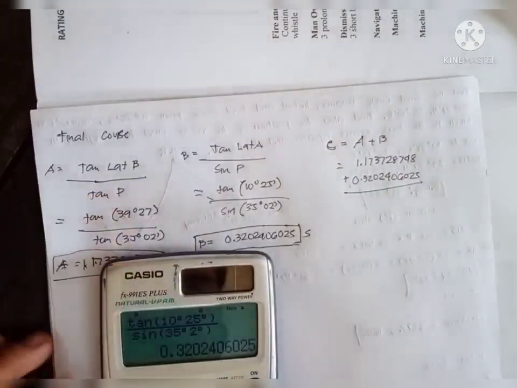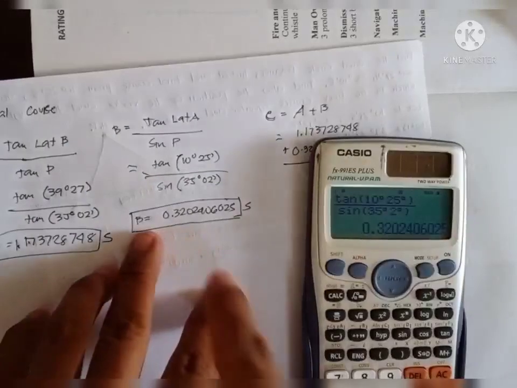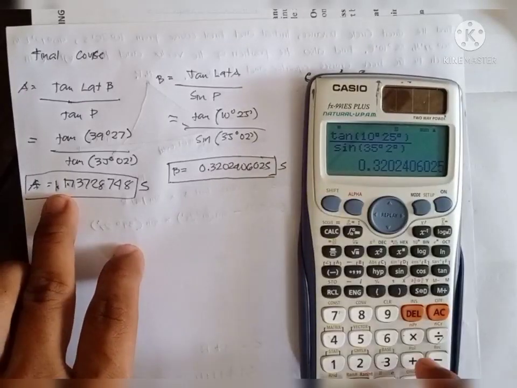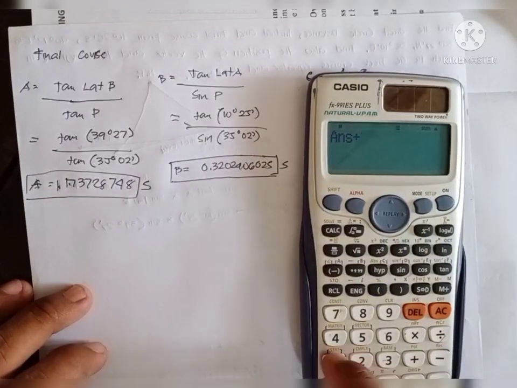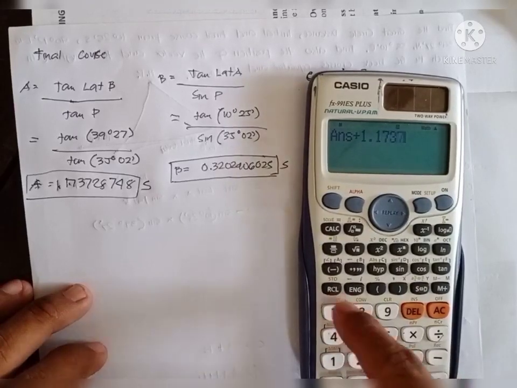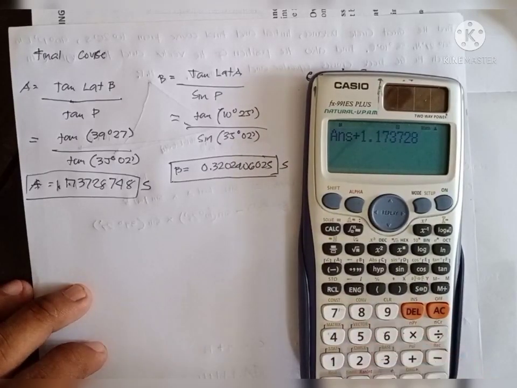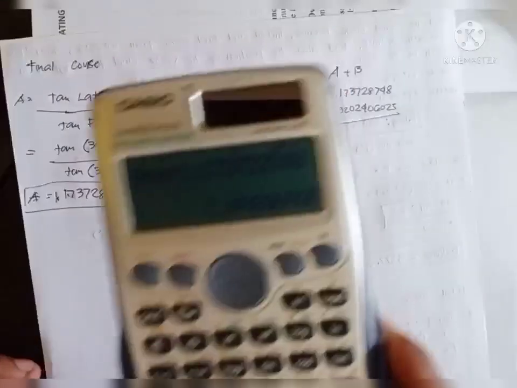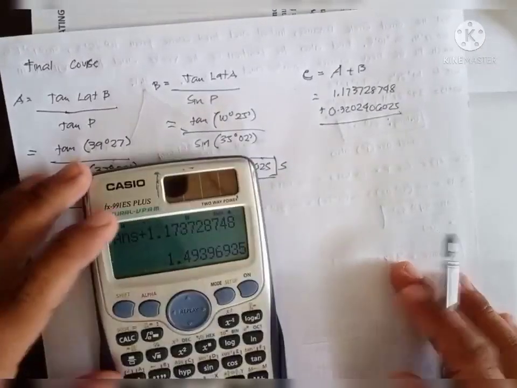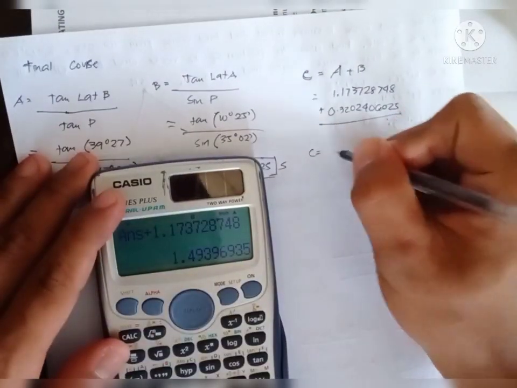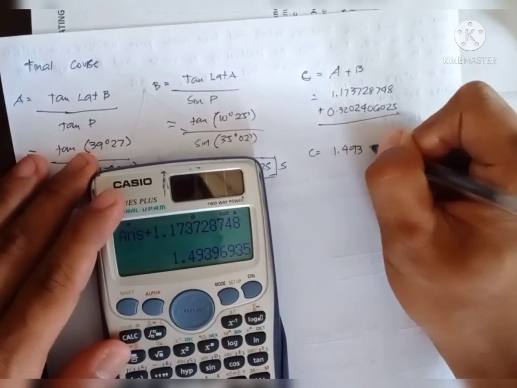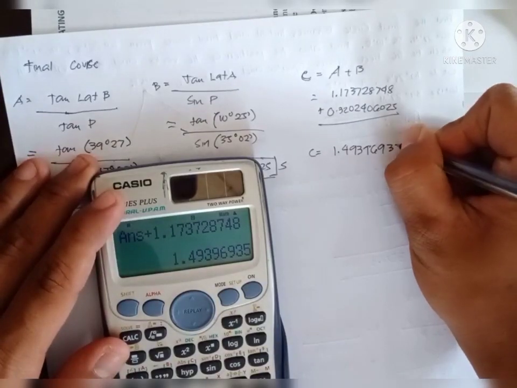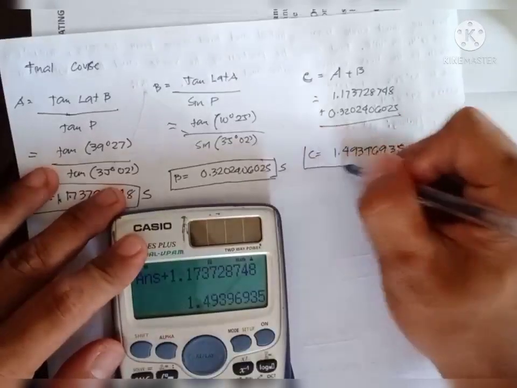So get our calculator. Since we already computed the B, we're going to add it to A. So plus 1.173728748. So we will come up to the answer of 1.49396935. So here is our C.